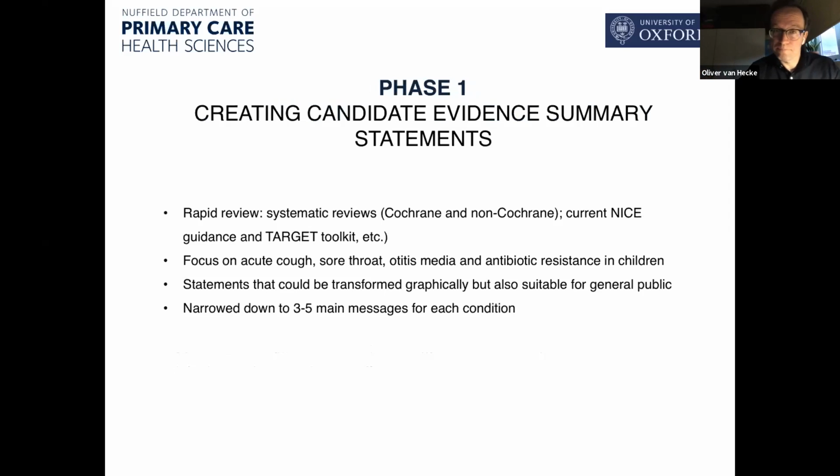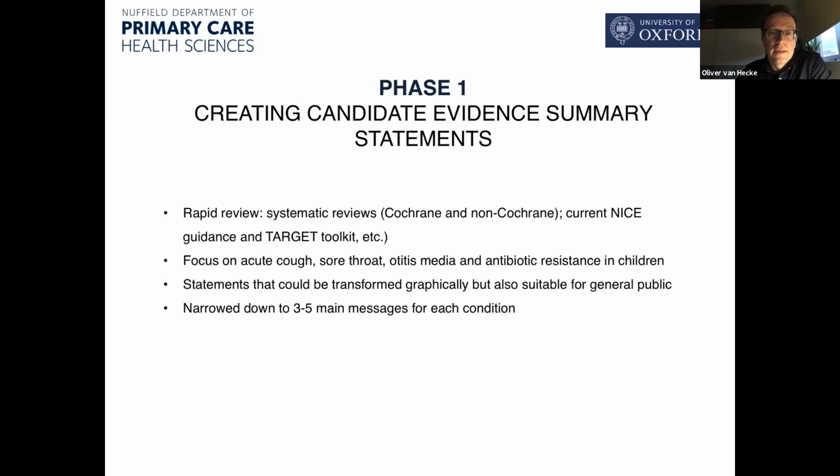And so phase 1, in a bit more detail: through a process of a rapid review, we identified a selection of between 5 and 10 potential candidate evidence statements about antibiotic use for these 3 common infections, particularly related to respiratory tract infections in young children, i.e. preschool children. These statements, importantly, had to be suitable for dissemination to the public, and also could be transformed into an infographic.